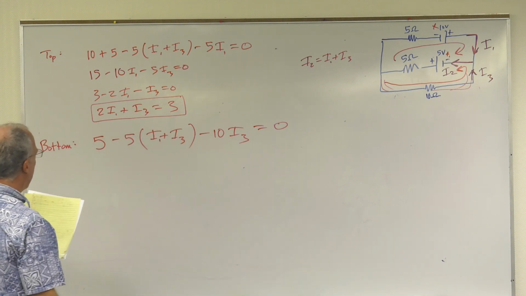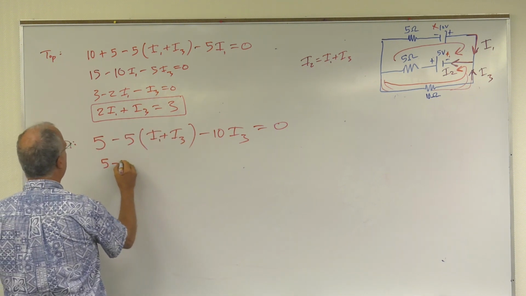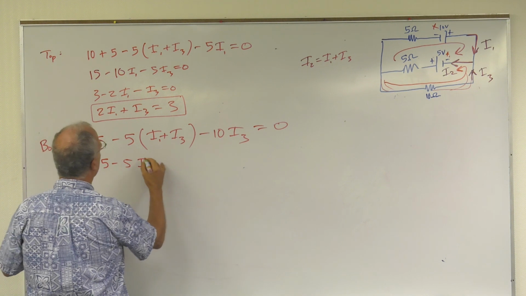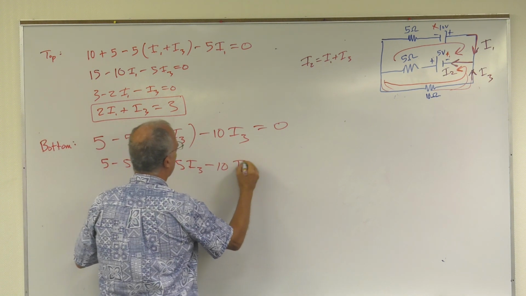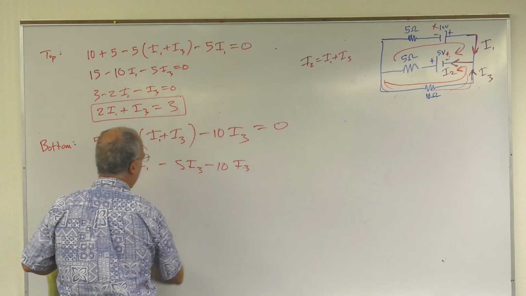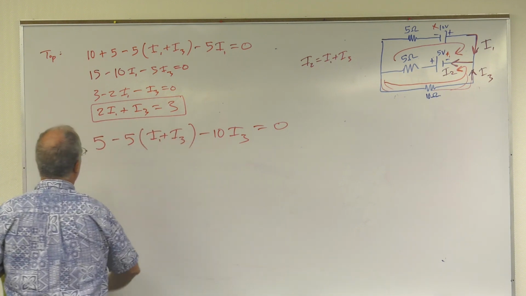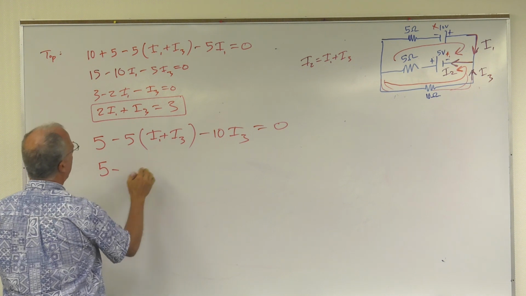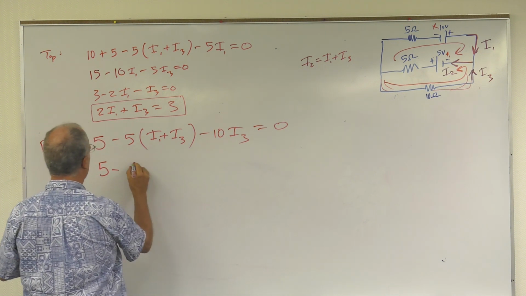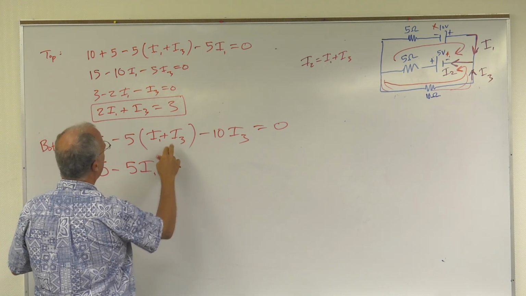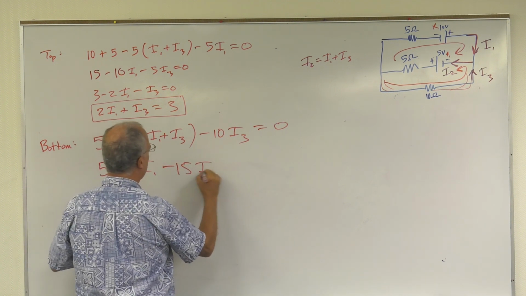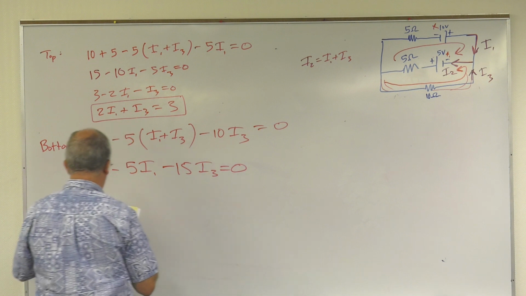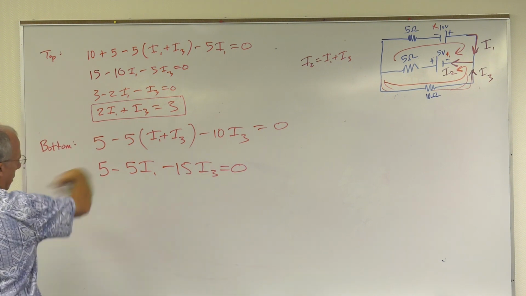Okay, so we multiply it out. We don't have to do that, it's a waste of time. Let's just do it in our heads, come on. So we have 5. How many I1s do we have? Just minus 5. How many I3s? We have minus 5 there, minus 10, so we have minus 15. Okay, we have all these 5s.